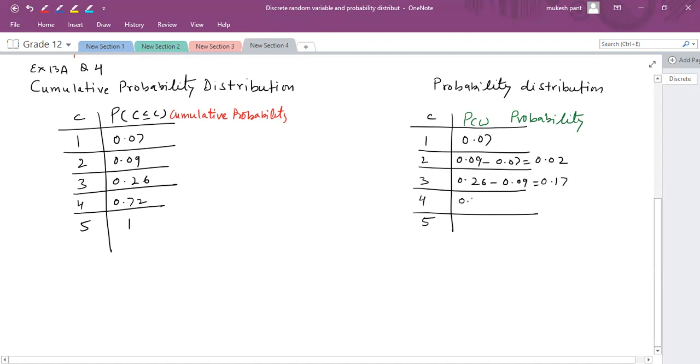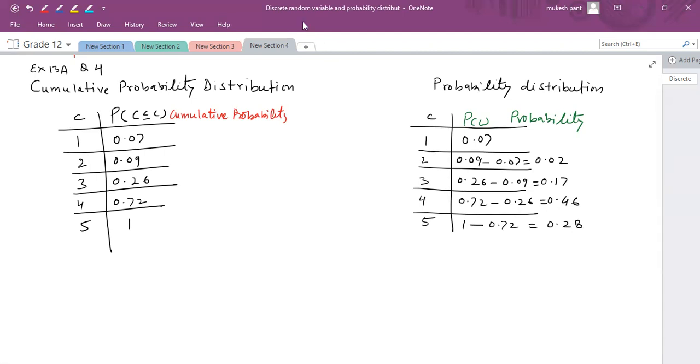Then 0.72 minus 0.26, which is 0.46. And then 1 minus 0.72, which is 0.28. This way you will find the probability distribution from the cumulative probability distribution.